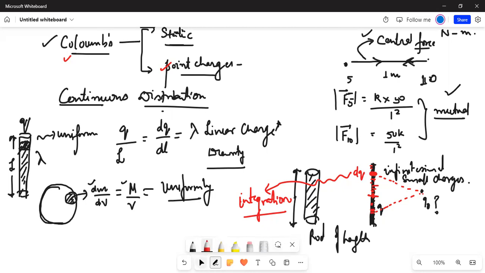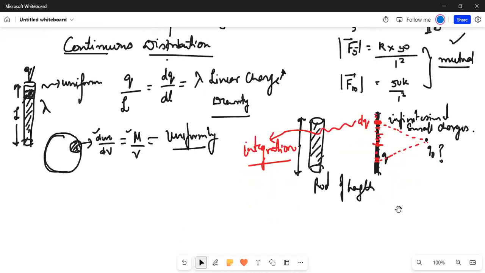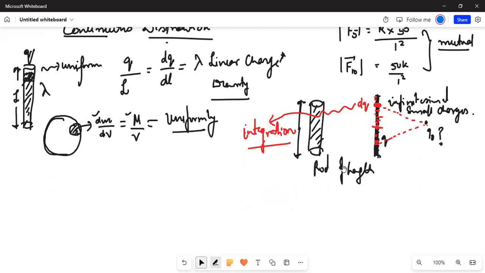Okay. Now, this is one thing. This is concept number one, that whenever you are trying to use the prescription of Coulomb's law, one has to be very cautious that it is only valid for the point charges. And in order to formulate the same thing for continuous charge distributions, you will have to divide the entire thing into small infinitesimal charges. Now you will be asking how to do it on area.